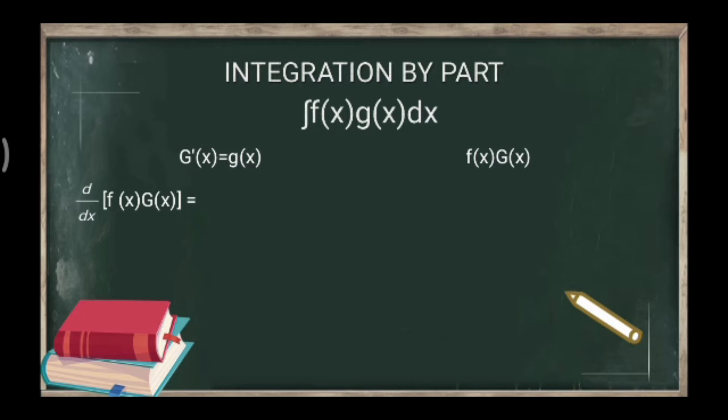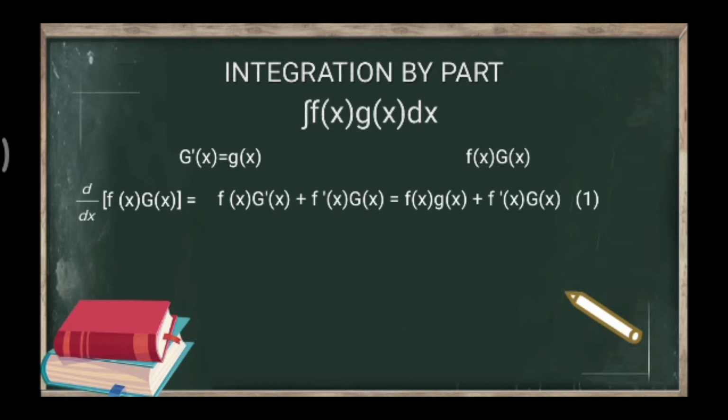It is the first function times the derivative of the second, f of x, g of x, plus f prime of x, G of x. This implies that f of x, G of x is an antiderivative of the function on the right side of equation number 1.